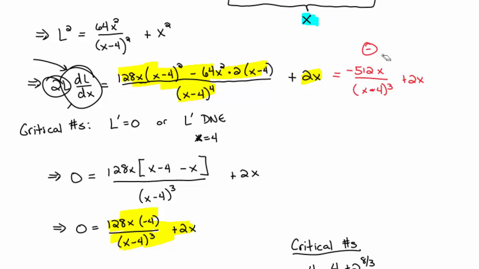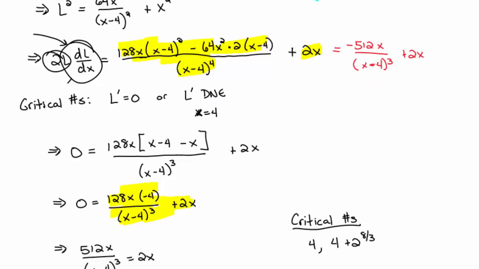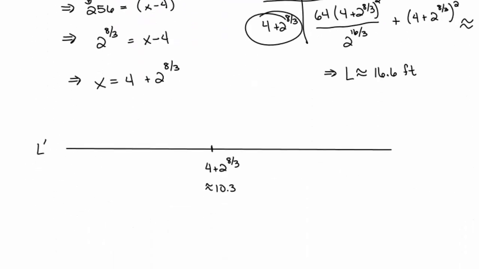So maybe I shouldn't have chosen a billion. Just choose a number greater than 10 then. So let me just quickly compute with 20. So if you actually do plug in about the number 20 into this right-hand side, it will be positive. So I'm going to go ahead and say that L prime is positive over here, which means it's increasing. The function L is. In fact, L squared is.